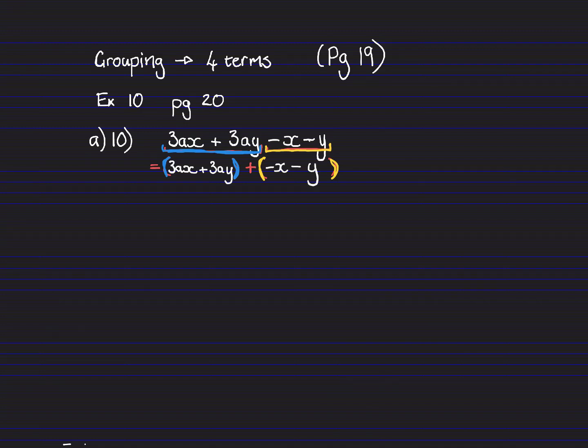So at this point, we can treat those 2 brackets as 2 different problems. I can work with the blue problem until I'm happy, and then I can go back and work with the yellow problem. So let's start with the blue problem.